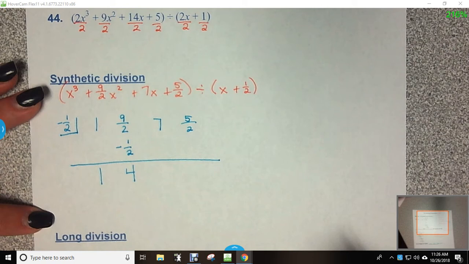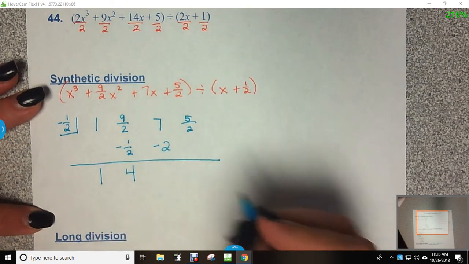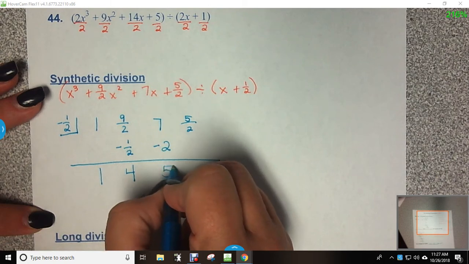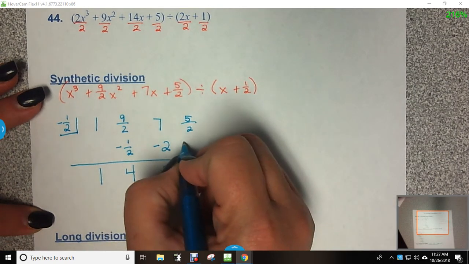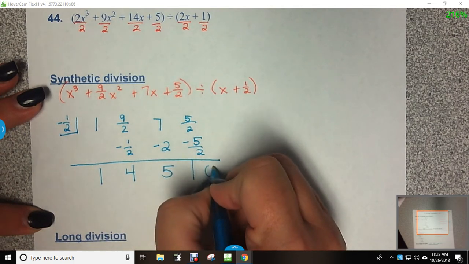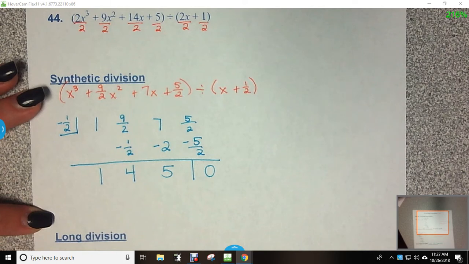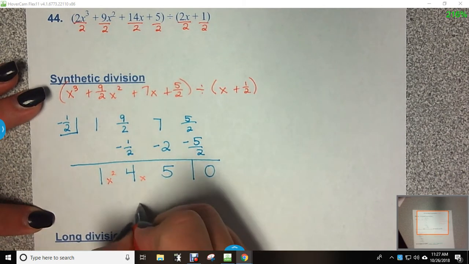Negative 1/2 times 4 is negative 2. That'll give me 5. Negative 1/2 times 5 is negative 5/2. I get a remainder of 0. This is an x squared and an x.